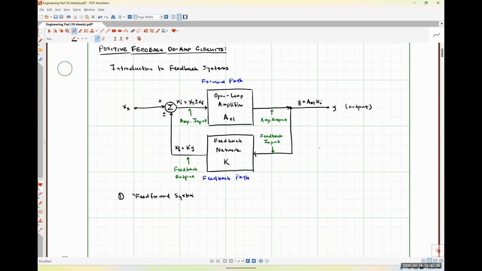The feed forward system is an amplifier that is characterized by its open loop gain, AOL.